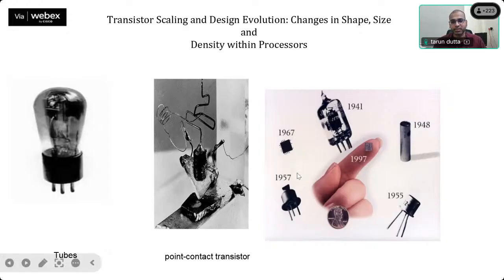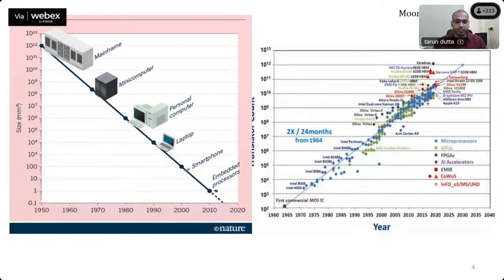In the final picture, from 1997, you can hold the chip on your finger. The transistor is known as the classical bit, where you have only 2 states.